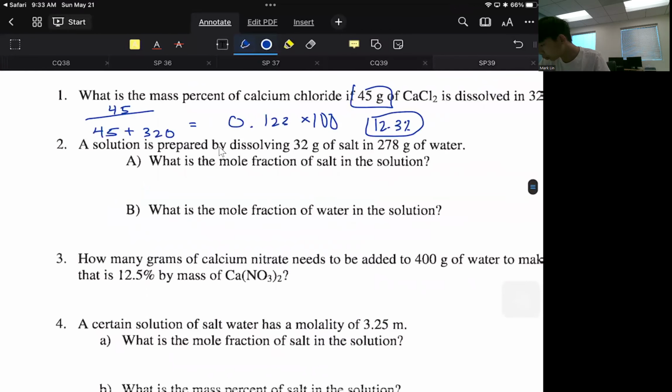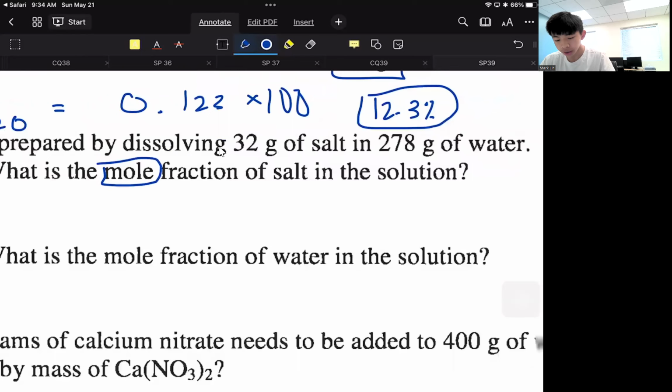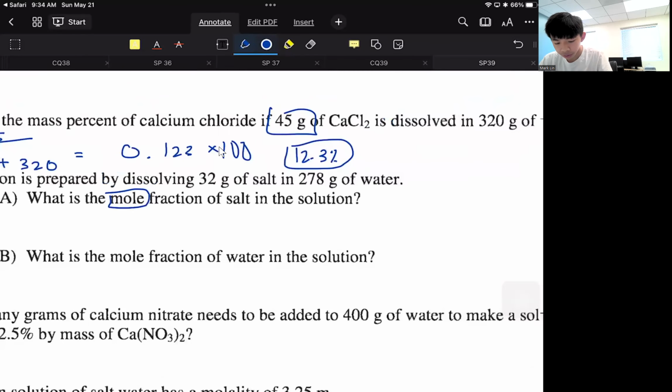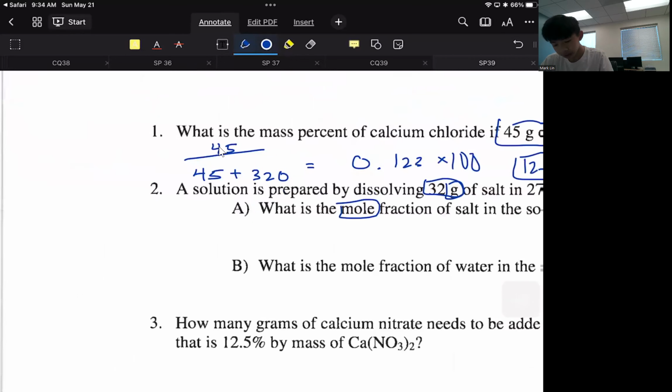Number two, a solution is prepared by dissolving 32 grams of salt in 278 grams of water. What is the mole fraction of salt? Mole fraction deals with moles, but in the problem we're given grams, so we need to convert these grams into moles. Salt is otherwise known as NaCl.